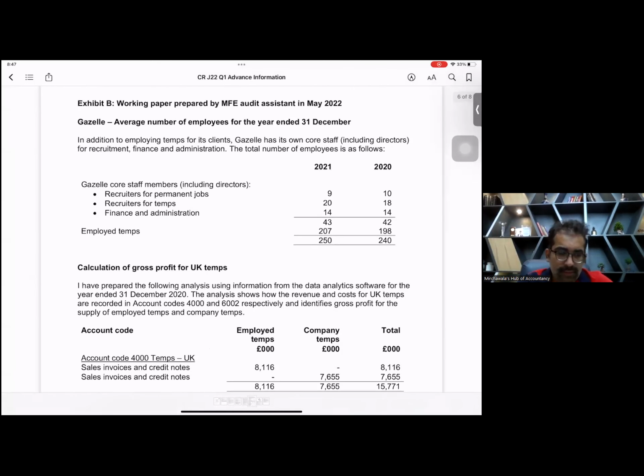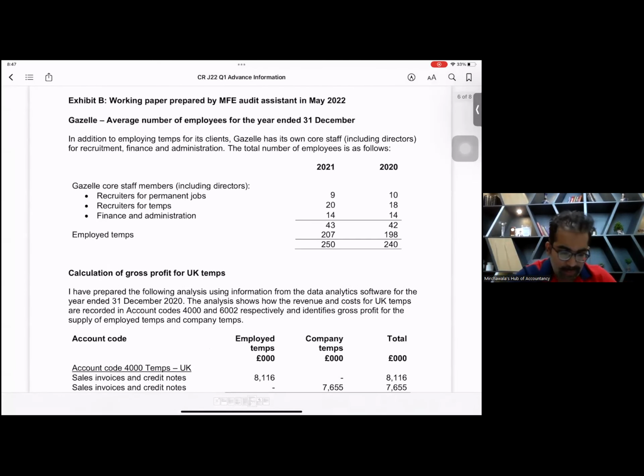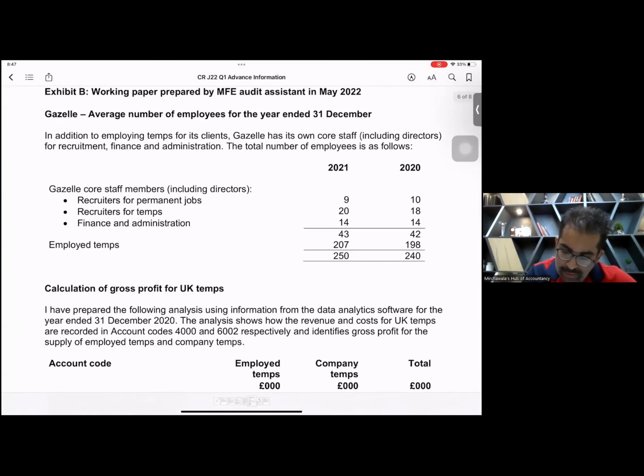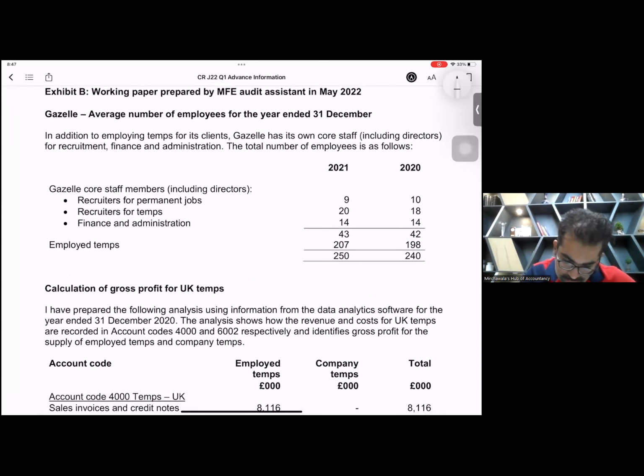Now the next page, please. Exhibit B, working paper. In addition to employing temps for its clients, Gazelle has its own core staff, including directors. Now, you can compare 2021 with 2020. Recruiters for permanent jobs were 10, now it's 9. Recruiters means our own people.